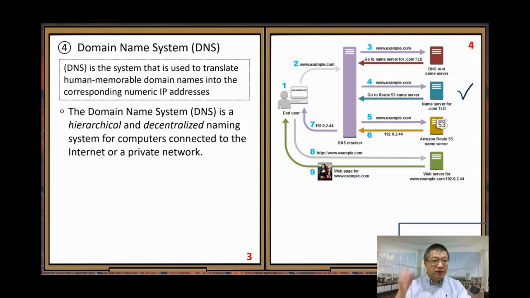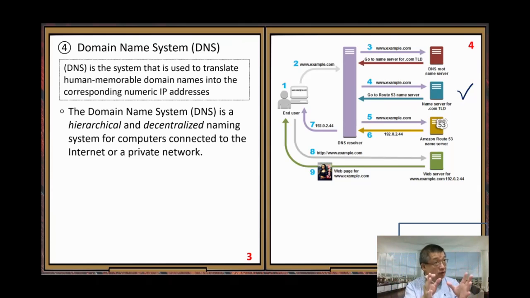The domain name system is hierarchical, organized in many different levels. Top level, hierarchical level, going down many levels. Hierarchical and decentralized naming system. Decentralized, so that kind of information is not just stored in one location.